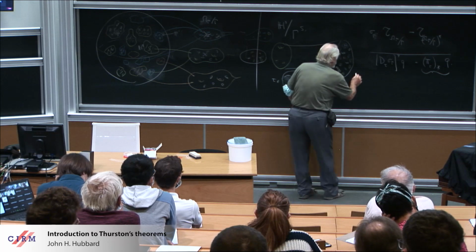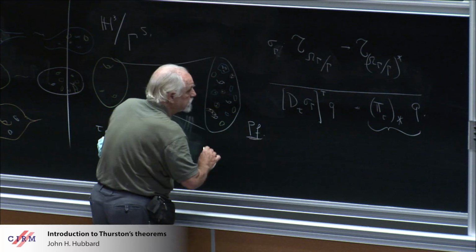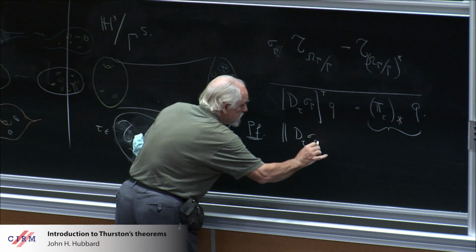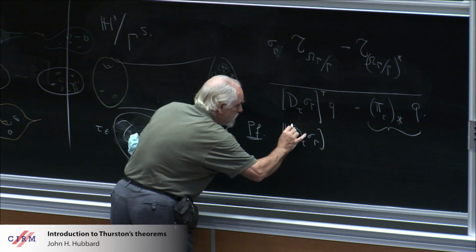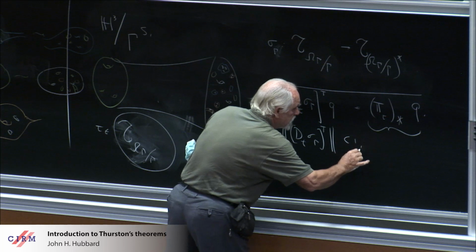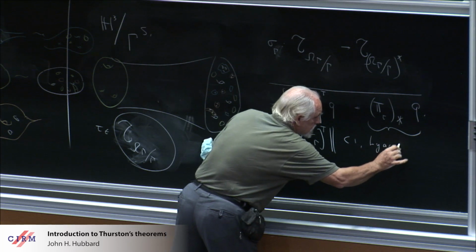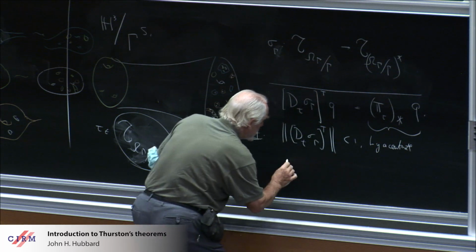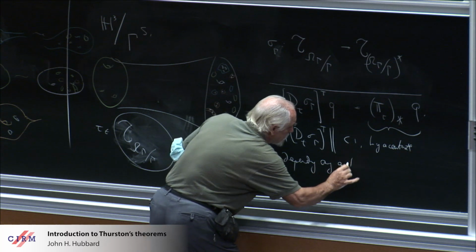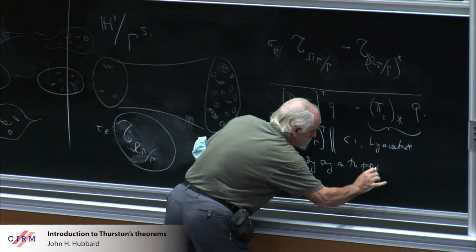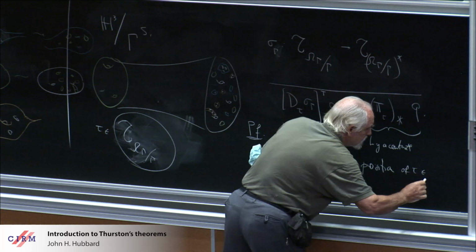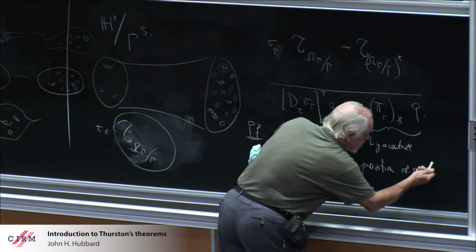The proof of Thurston's theorem, 90% of the difficulty is showing the norm of d tau sigma gamma transpose is less than 1 by a constant depending only on the position of tau in moduli space.